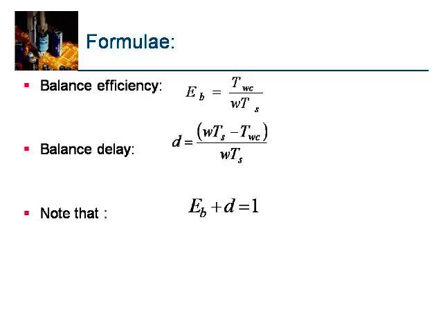Balance efficiency EB is equal to TWC divided by W into TS, and balance delay D is equal to W TS minus TWC divided by W into TS. Note that EB plus D should be equal to 100%.